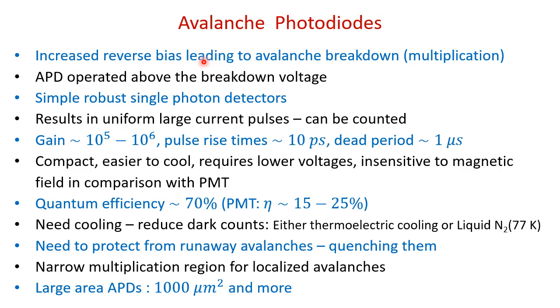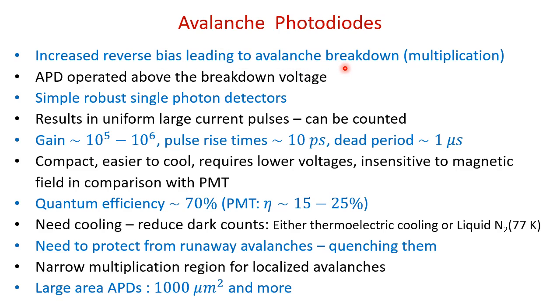You require a strong enough electric field. The space charge which is generated just by putting this kind of doping together is not enough. You need to put in this extra reverse bias that leads to a sufficient amount of space charge generation, and which can lead to the avalanche breakdown.